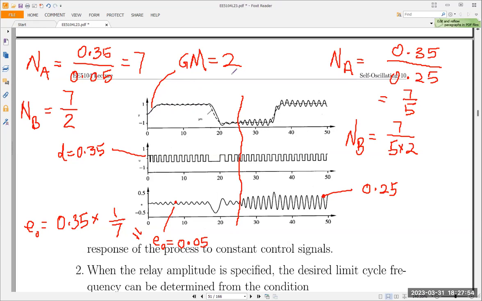People know that gain margin that is very close to 1, when gain margin is 1, you basically have sustained oscillation. So a gain margin close to 1, let's say 1.5, you will have oscillation, though the oscillation will die, but you will have oscillation. So gain margin of 2 will look a little bit bad.